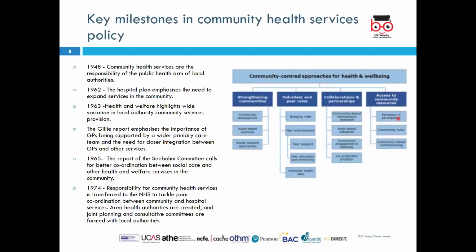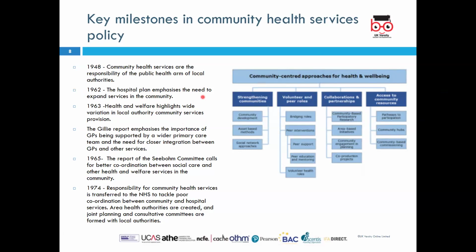Okay. So in 1948, you had the community health services that were responsible for the public health arm of the local authorities. In 1962, there was a hospital plan that emphasized the need to expand services in the community. In 1963, the health and welfare plan highlights wide variation in local authority community service provision.